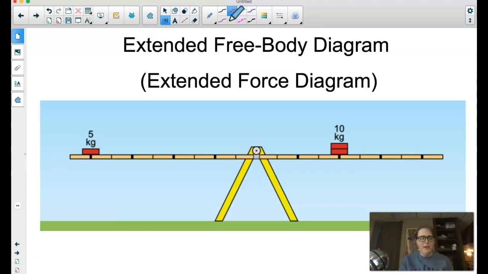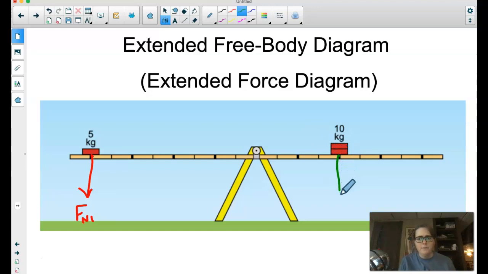So as an example, I want to use a screenshot from that balancing act simulation you did. So first thing I'm going to do is go ahead and just label some of these forces, and I'm going to go ahead and draw them where they're applied. So there is a normal force from this 5 kilogram block that is acting on the board at that point of contact between those two.